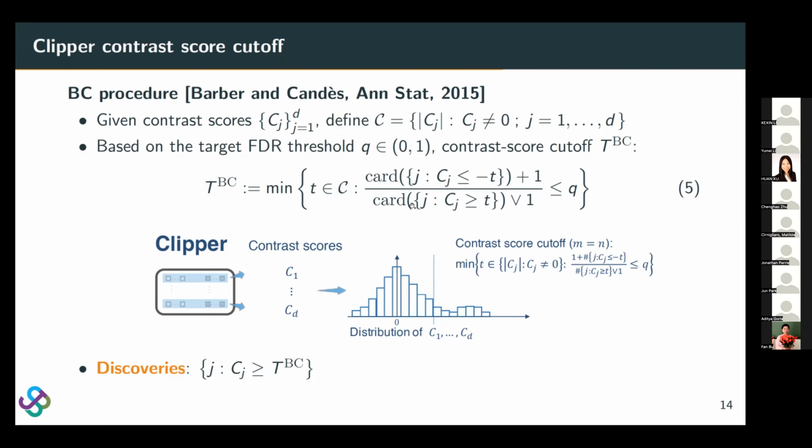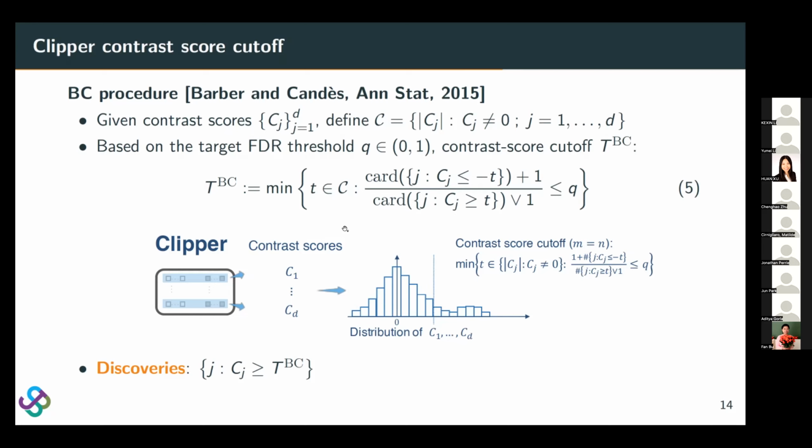The denominator can be considered as the total number of discoveries, and the numerator can be considered as an estimate of the number of false discoveries. So the ratio is an estimate of the false discovery proportion, and we can control the FDR by using this threshold.